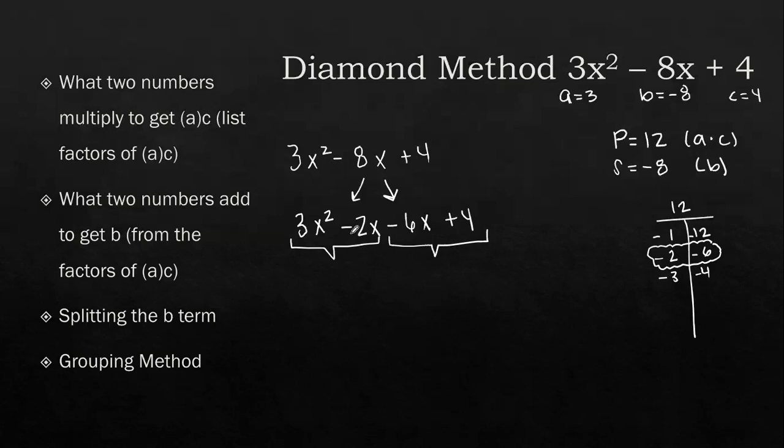X, 1x, right? 1x goes into 3x squared, and 1x goes into 2x. So I'm going to write a 1x out here. 1x times what will give me 3x squared? 3x. 1x times what will give me negative 2x? Negative 2.